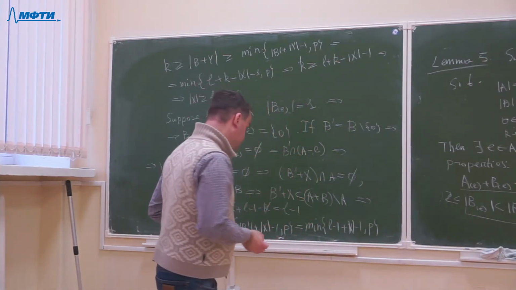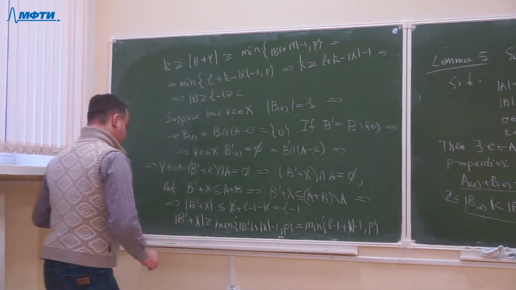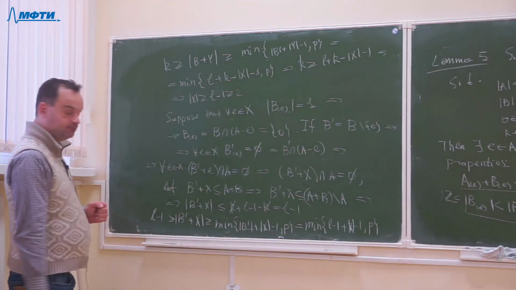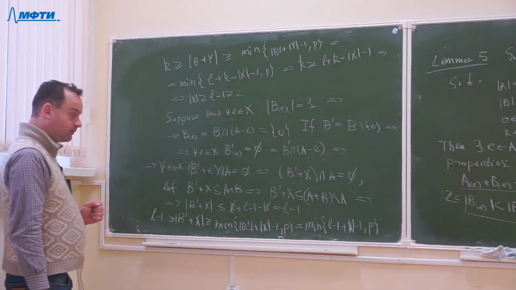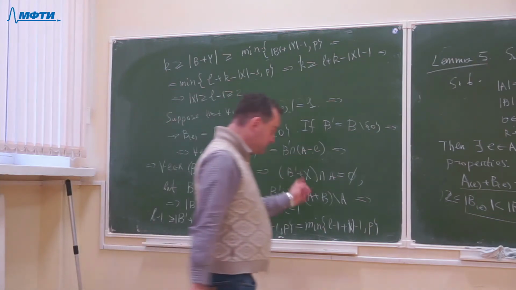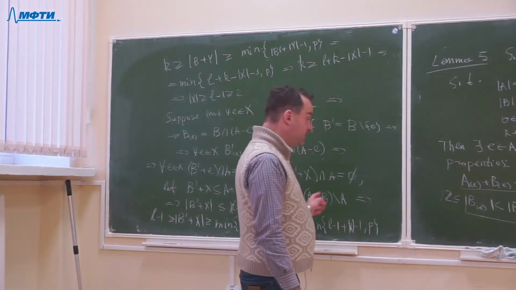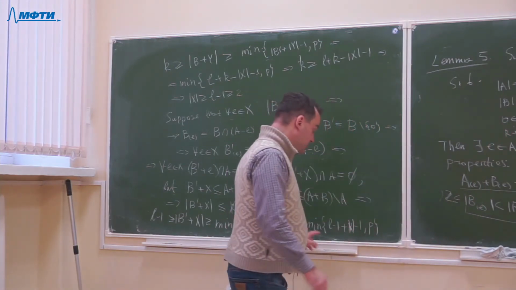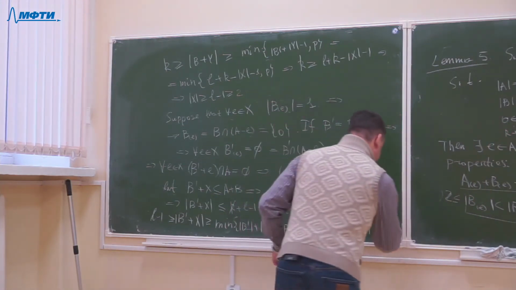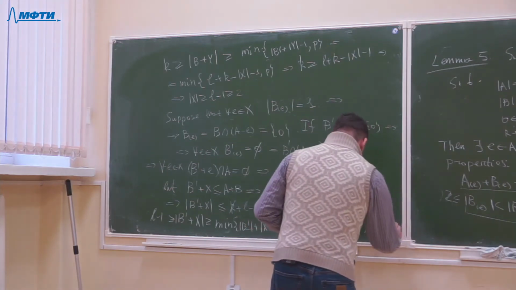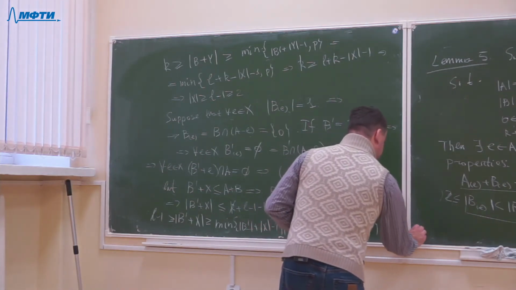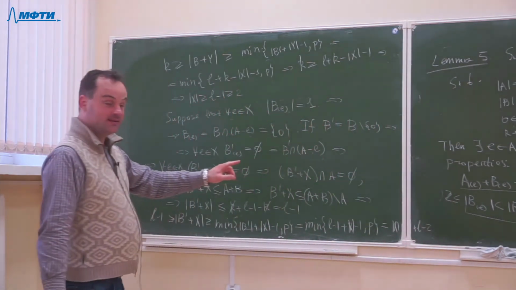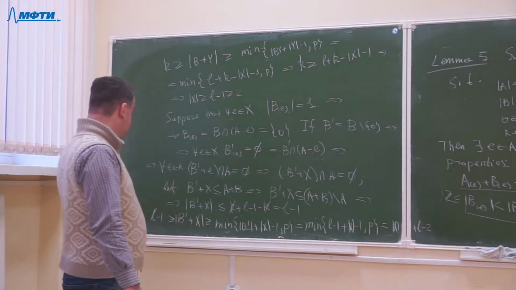Let's leave it like this. And the upper bound is L minus 1. This means this minimum is attained by this condition, so we get cardinality of X plus L minus 2 is at most L minus 1.